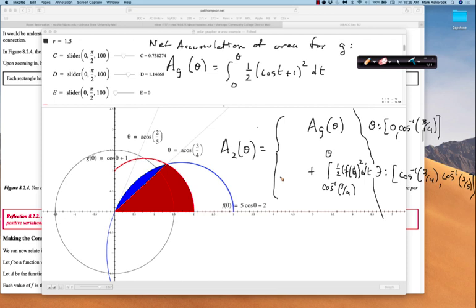So I could do what? A2, this function, at what? This needs to be parentheses. So I could recall the function by going back to the first line. A2 of what?